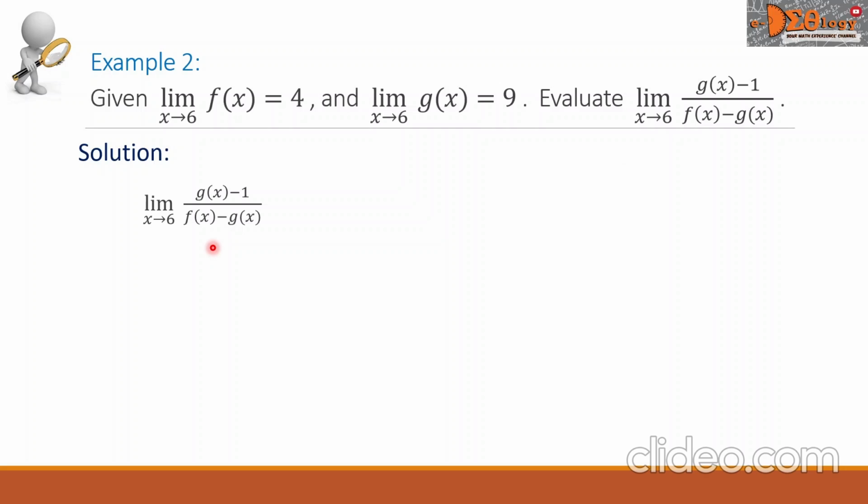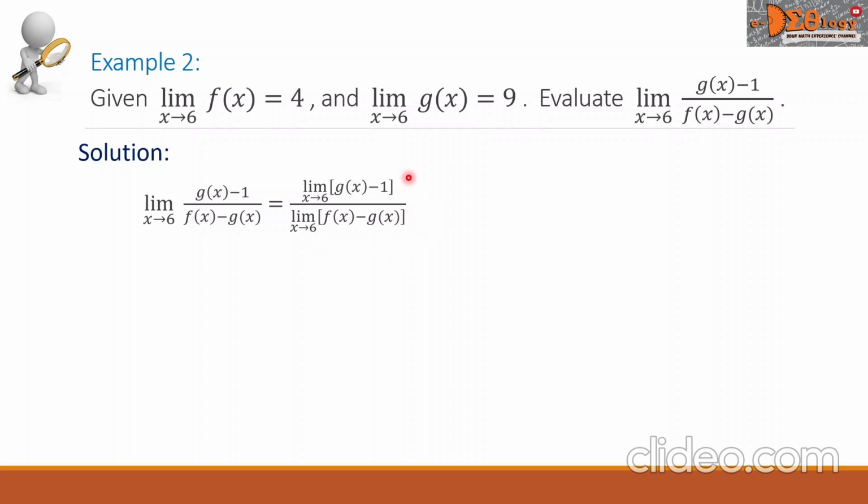Now, let us show that we're going to take the limit of the numerator and denominator respectively. So we write like this: the limit of the function g of x minus 1 as x approaches 6, all over the limit of the function f of x minus g of x as x approaches 6.